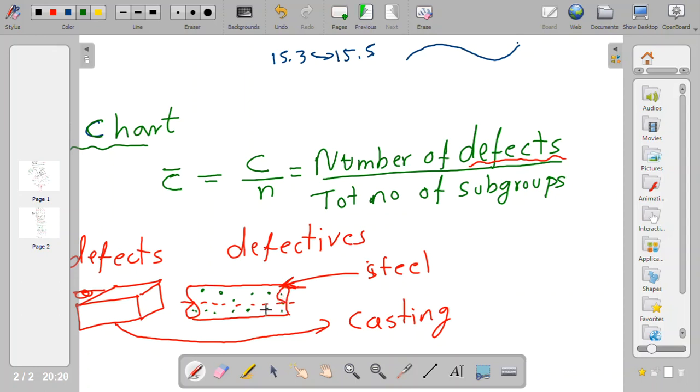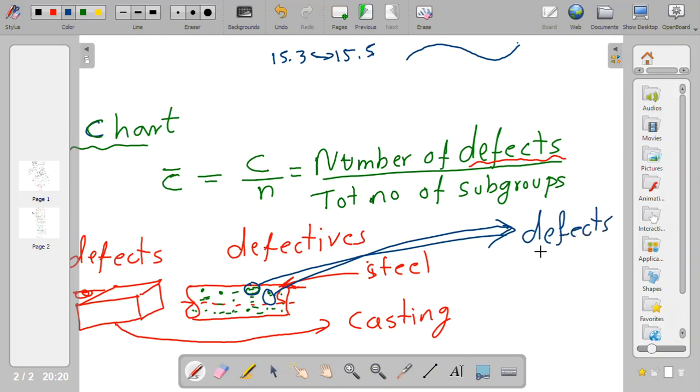Even after the turning process, if the turning operation or tool is not maintained properly, then some scratches you will observe. So these scratches or blow holes are called defects. It's a quality characteristic.